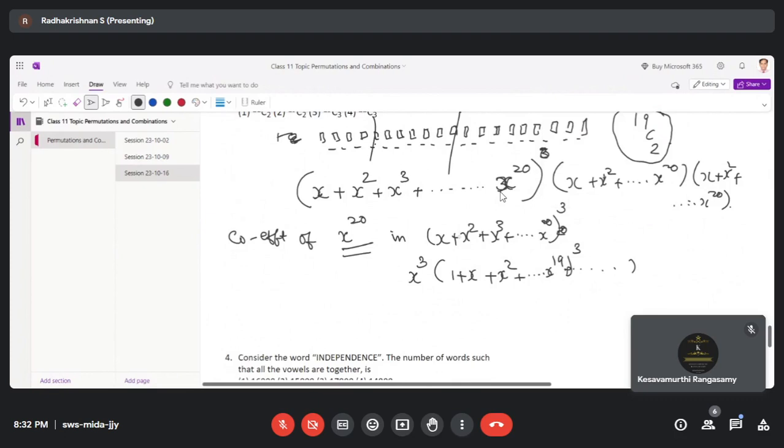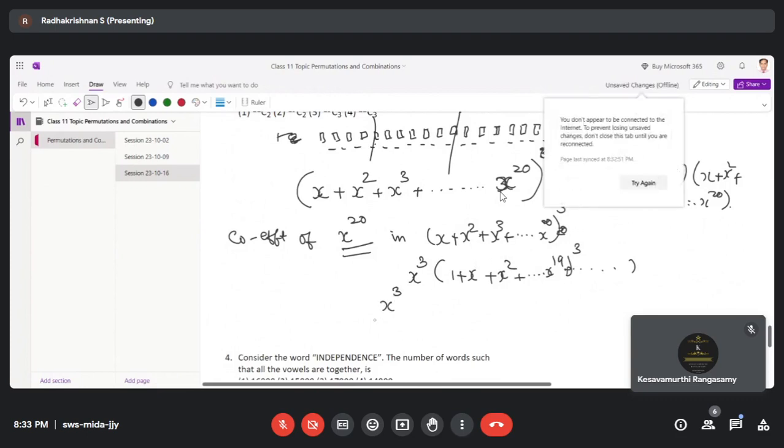So this is a geometric series, right? We can see that this is a geometric series to infinity, 1 plus x plus x squared and so on, which simplifies to 1 by 1 minus x. Okay.